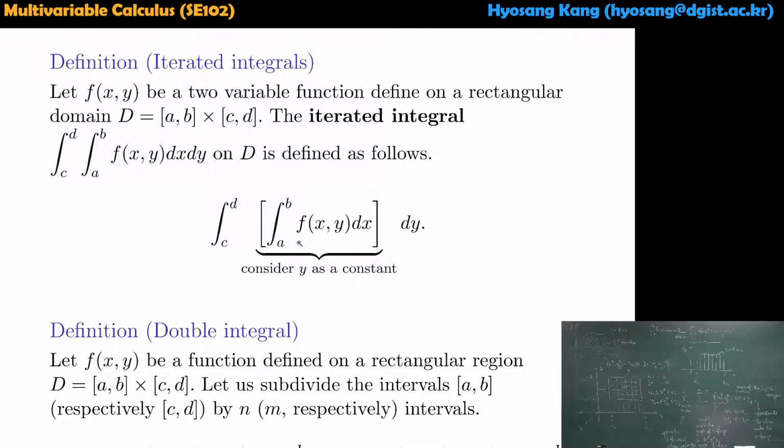In the single variable case, indefinite integral and definite integral are two different notions. But in the two variable or multivariable function case, we're not talking about the indefinite integral. So everything has a value. Okay.